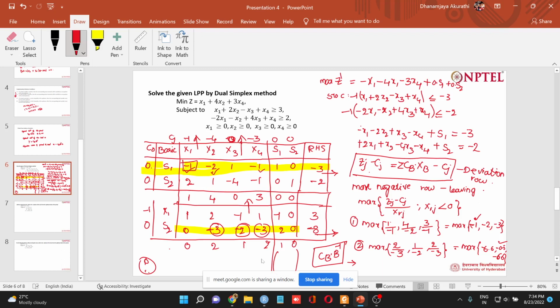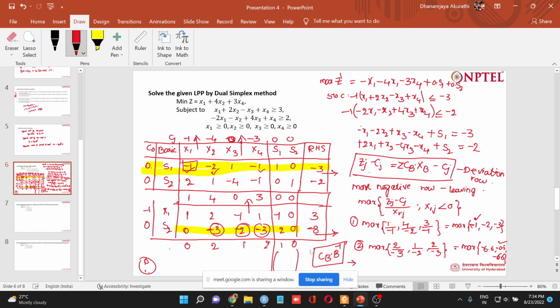Like in the simplex method, if our minimum ratio test fails, then we can say that is an indication of an unbounded solution, right? So in a similar way, when the dual simplex method fails, meaning the Zj minus Cj values are negative, that is an indication of an unbounded solution.